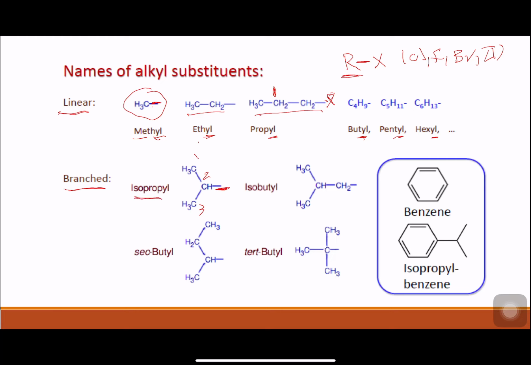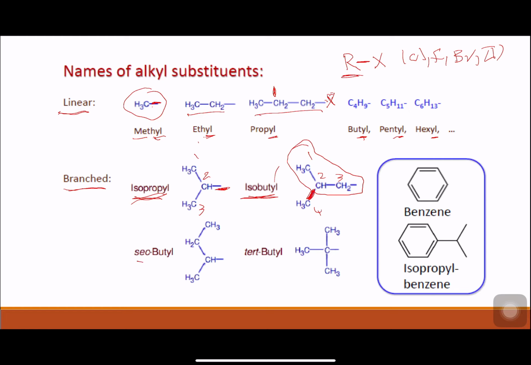This will be called isopropyl. If it's a butyl with 4 carbons, 1, 2, 3, and 4, even though this is not in the long chain, it's still going to be called isobutyl. We can name it a different way, and we will see in the next video how to name branched alkanes. So this whole alkyl substituent can be called isobutyl.